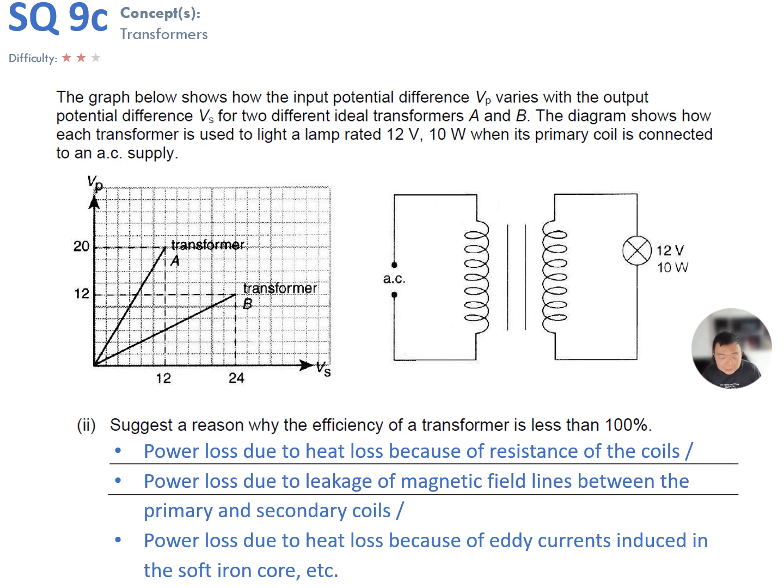And lastly, there's something called eddy current. The iron core itself is made of iron. It links the magnetic field lines over to the other side. But being made of iron, it means that current can flow inside the iron core. And this iron actually experiences a change in magnetic field also.